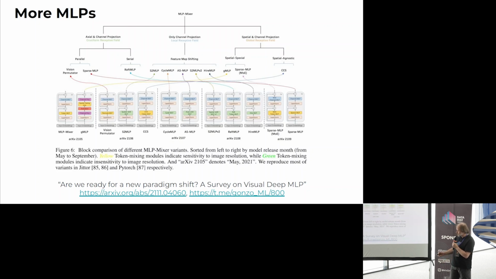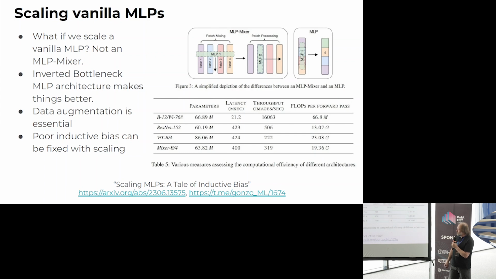And you see the field is very diverse. And later people scaled just an ordinary MLP without any mixer, and they found that it's competitive with transformers. You just need more data. Data augmentation is critical, and with slight, minor modifications in architecture, you obtain good results.